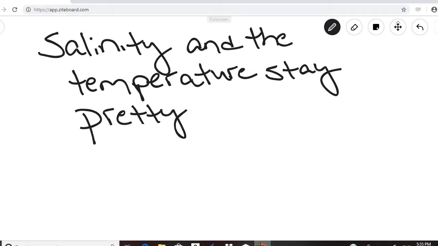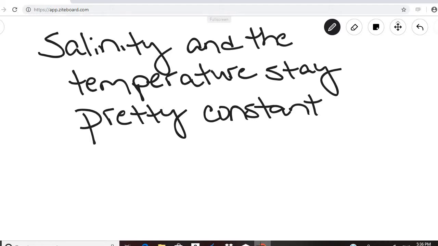The reason for that is that at the continental shelf, you're going to have constant wave action, and that's going to keep the water mixing really well and distributed well, so that the temperature and the salinity will stay constant.